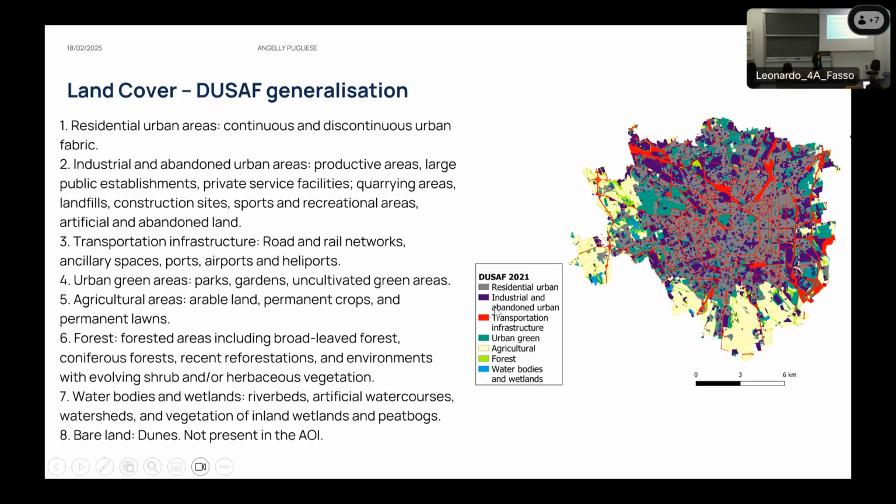I decided to move the sport facilities into the second class, which is industrial, abandoned areas, and anything else that doesn't fit into other classes, because sport facilities included stadiums and also many soccer fields, which are mainly covered by plastic grass. So this was actually not having the same behavior as grass.